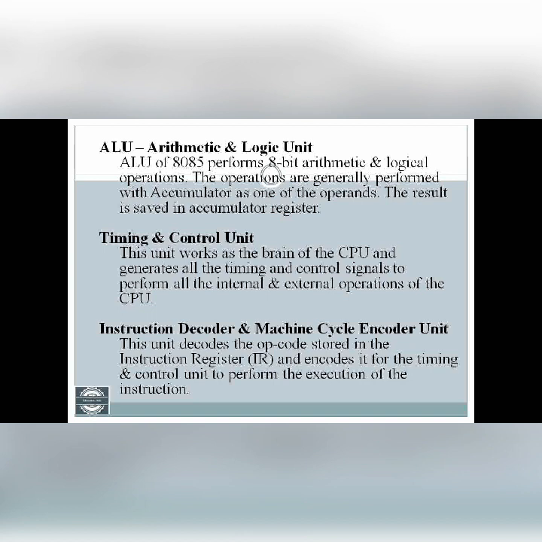The instruction decoder and machine cycle encoder unit decodes the opcode and signals in the instruction register, IR. Now the encoder, with the timing and control unit, performs the execution of instructions. One thing I have to tell you: these are all very important, and all the instructions we already discussed.